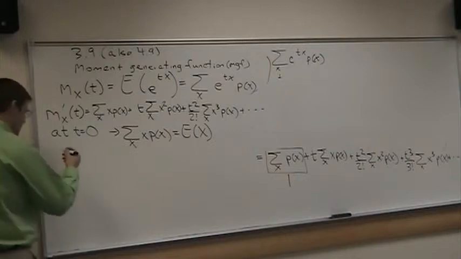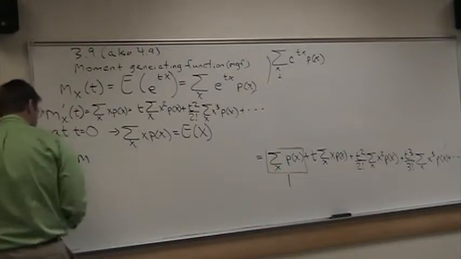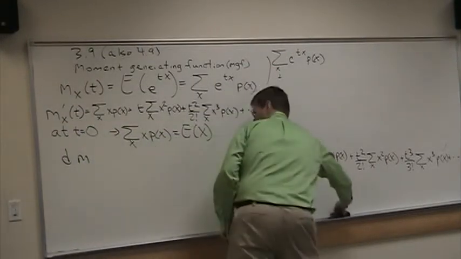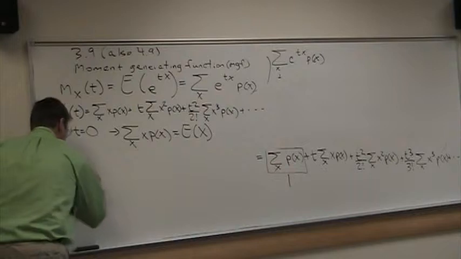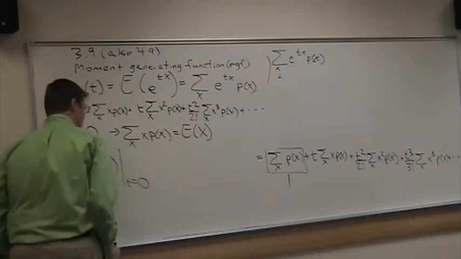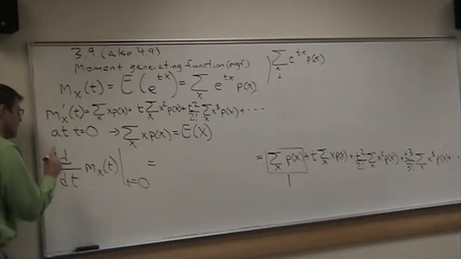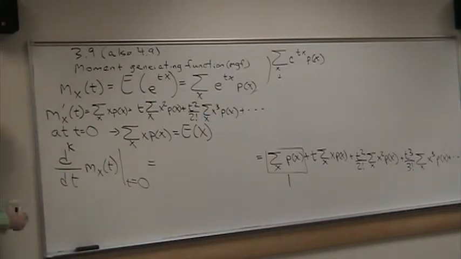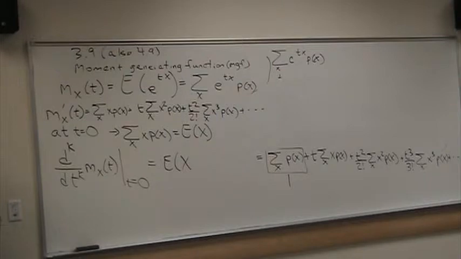So what we get here is, the kth derivative d^k/dt^k of M_X(t) at t equals 0 is going to be the expected value of x to the k.